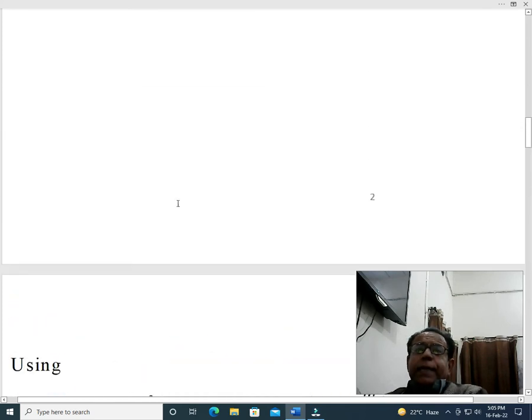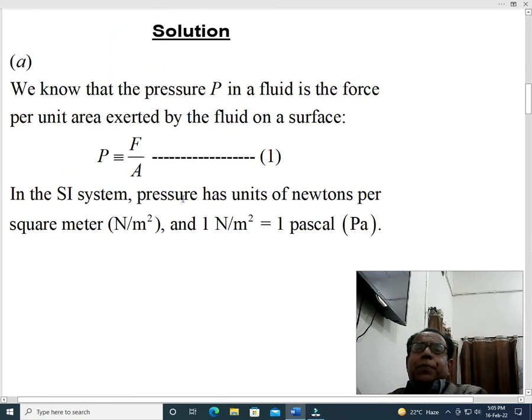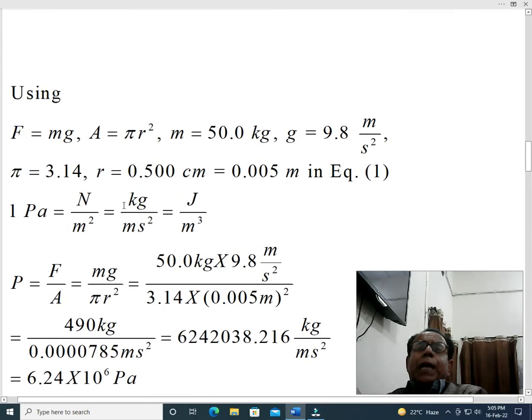So in this equation number 1, we will use F equal to mg, according to Newton's second law of motion, and area equal to pi r squared. Here m is given as 50.0 kilogram. g is a constant, acceleration due to gravity, 9.8 meter per second squared.